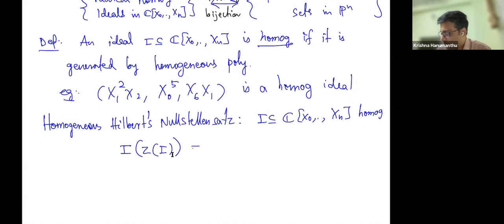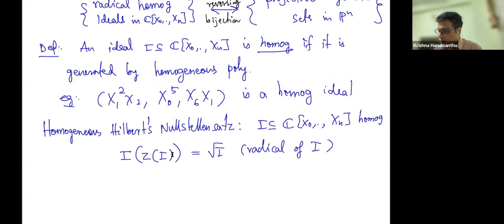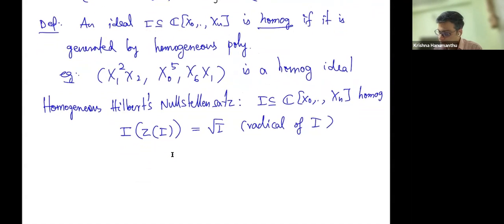I'm not intentionally writing all these things because they're very similar to the previous case. Z of I is the collection of all points on which I vanishes. I of Z of I is the ideal generated by homogeneous forms that vanish on Z of I. This is nothing but the radical of I. So that gives you one of the composition identities. The other one is easier.